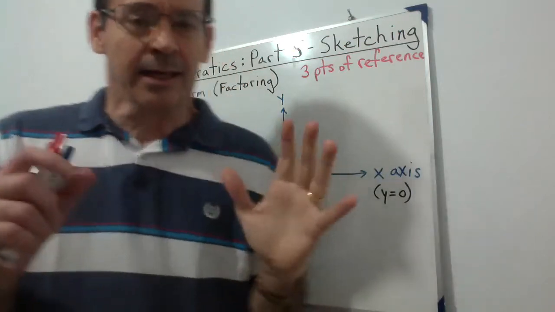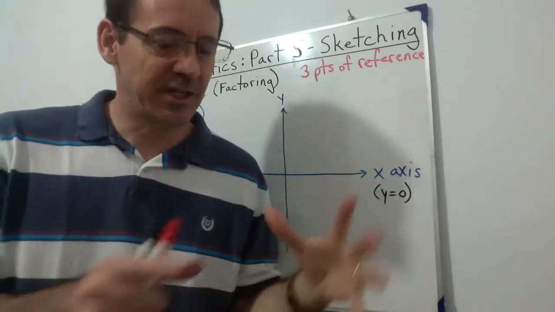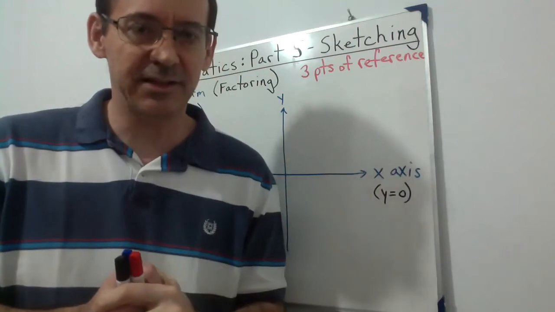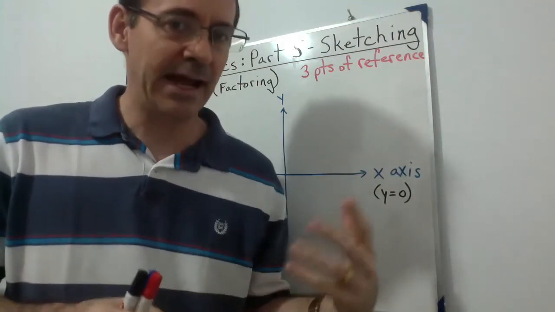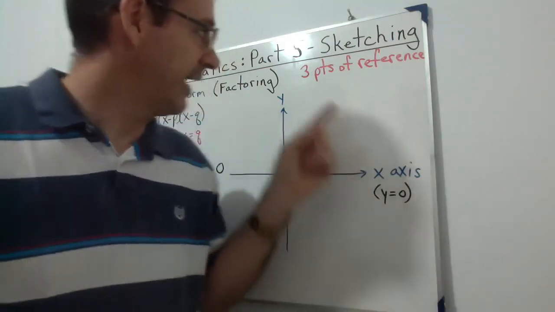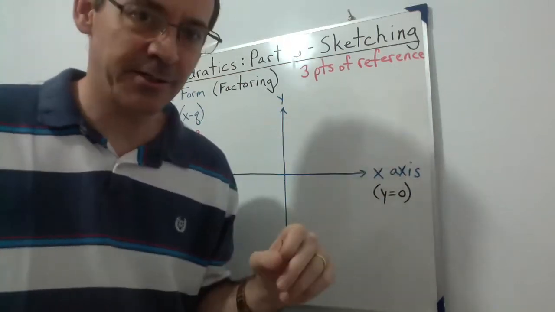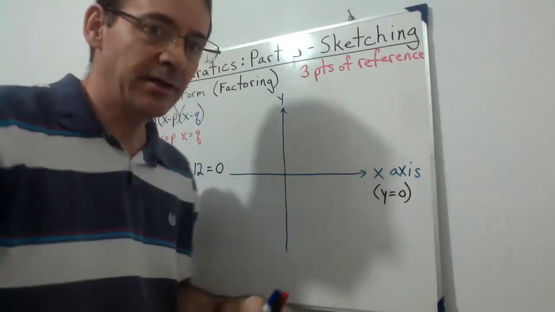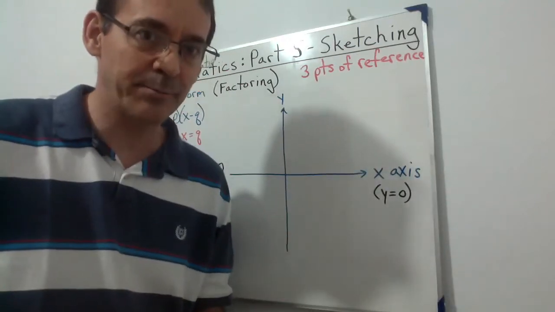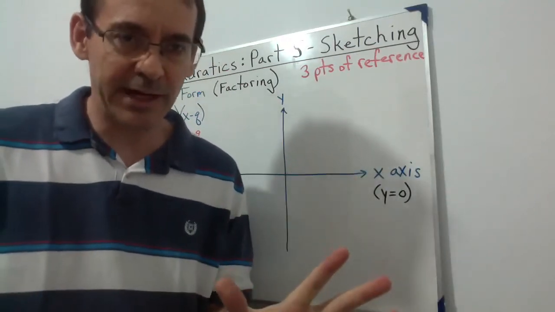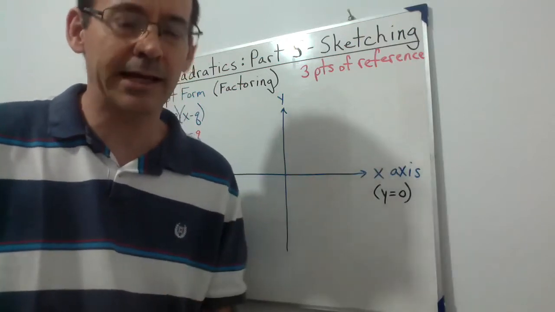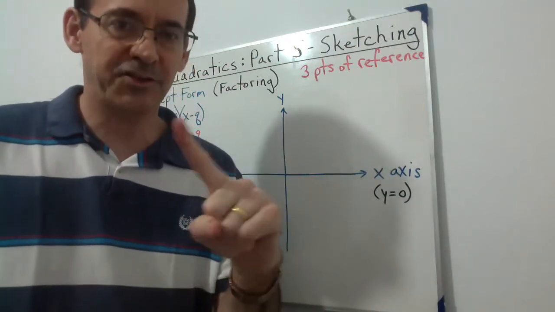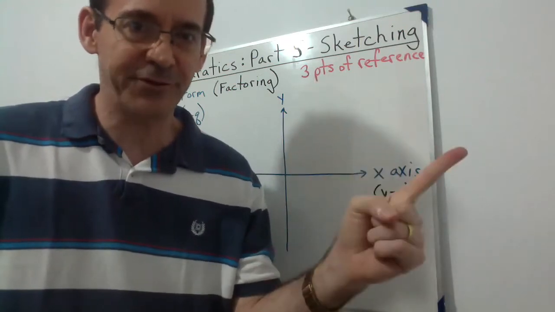So a lot of teachers, especially on IGCSE level, might have taught you to make an XY chart. And so they'll make a little X and Y, and they'll have you just plot a bunch of numbers. Please don't do that. And I'll give you 3 reasons why. Reason number 1, it's time consuming and inefficient.